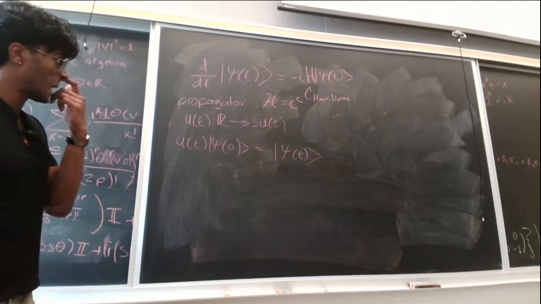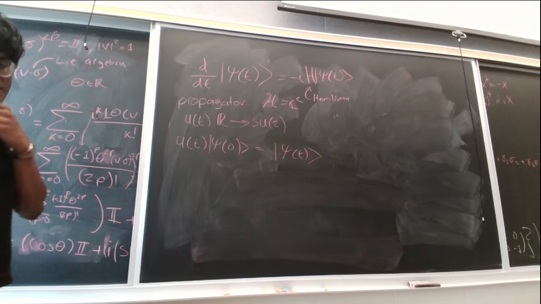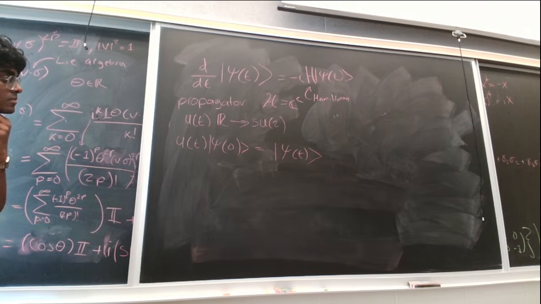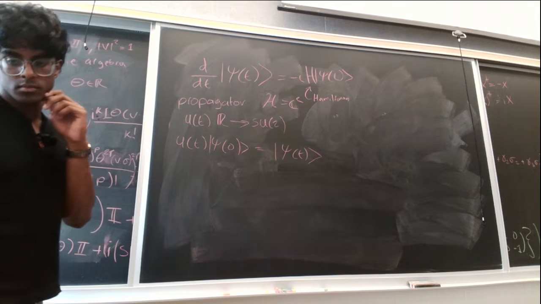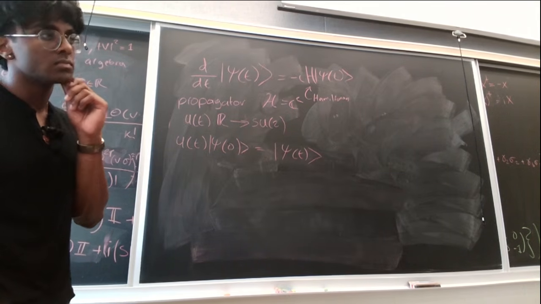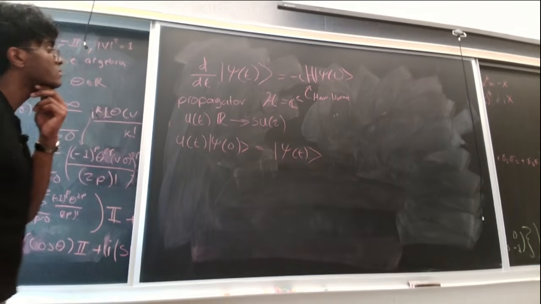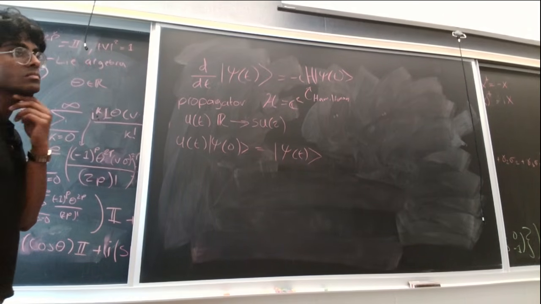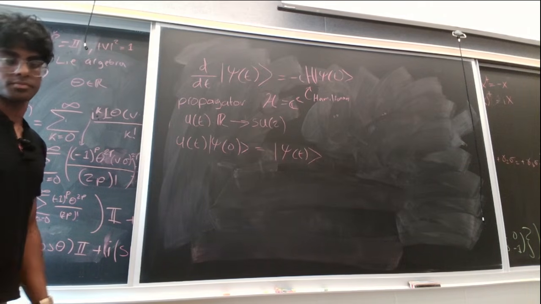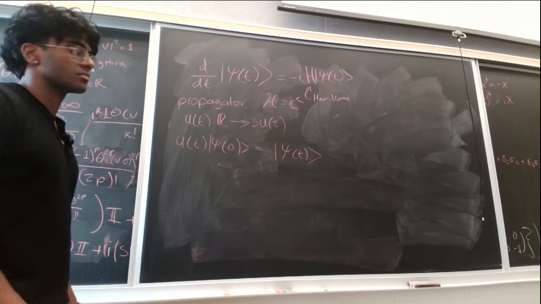Based on the definition that we gave you, U of t is just some matrix valued function where it takes my initial condition to what the result after propagating by time t should be. So for now, we don't really know that it's an SU(2) yet.